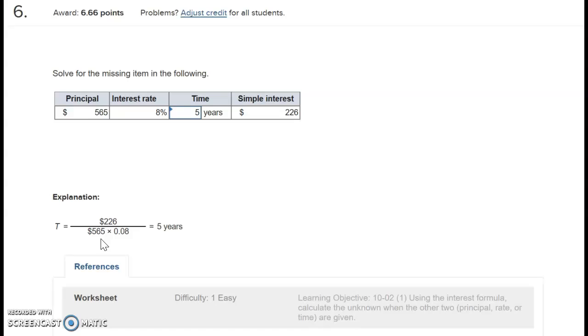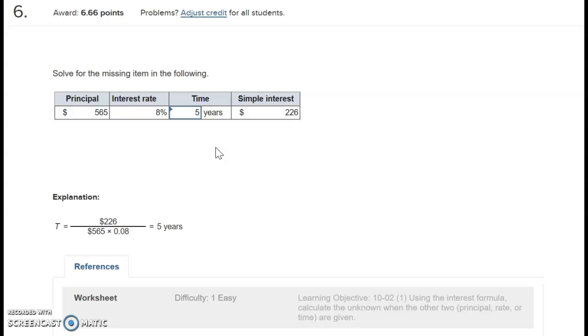And that equals 45.20. And if you divide 226 by $45.20, you get 5 years. So the time is 5 years. Okay? So you get exactly 5.